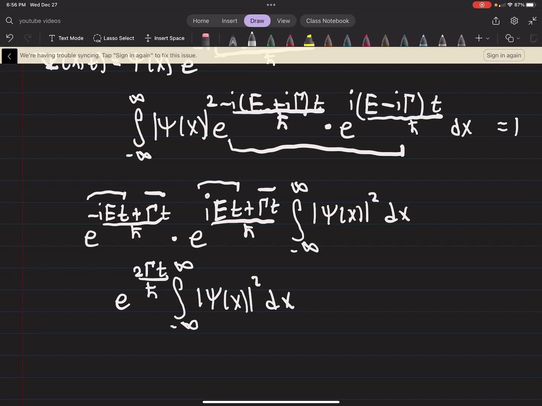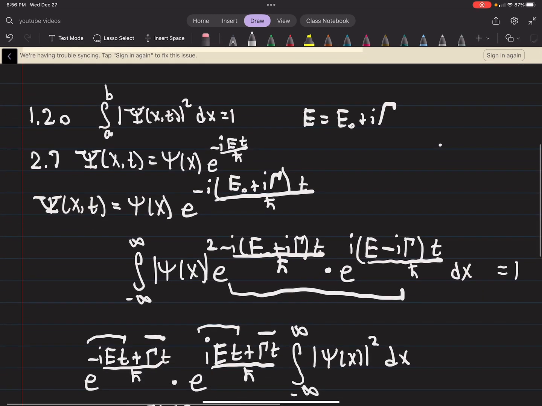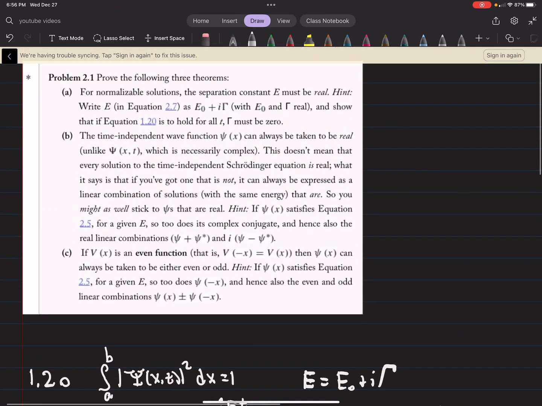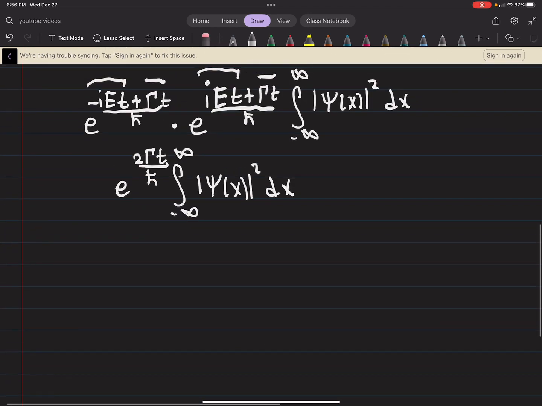Okay? Now, we want this to be a normalizable solution. Okay? And in order for this to be the case, what that means is this has to be a constant. Okay? Well, the only constant that we really want to look at here is the gamma. 2 and h bar, those obviously have their own values.